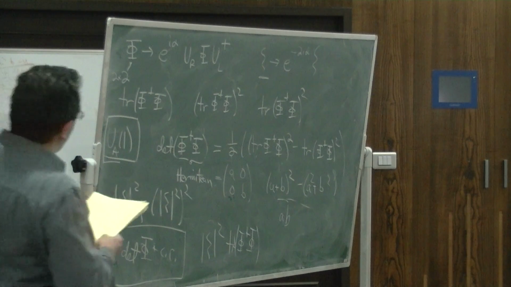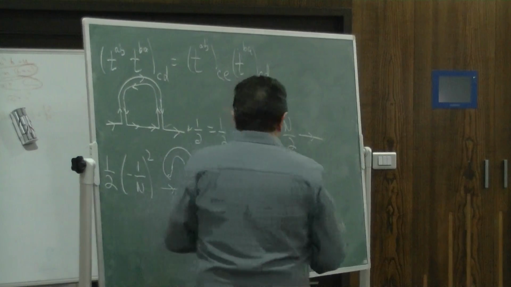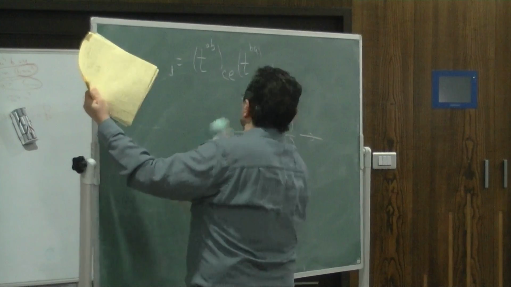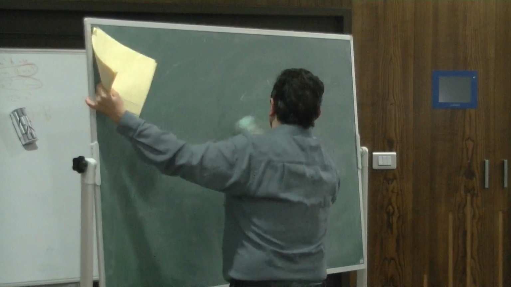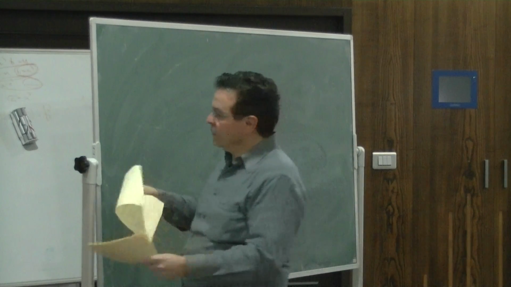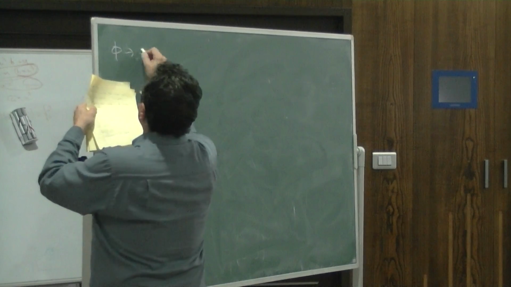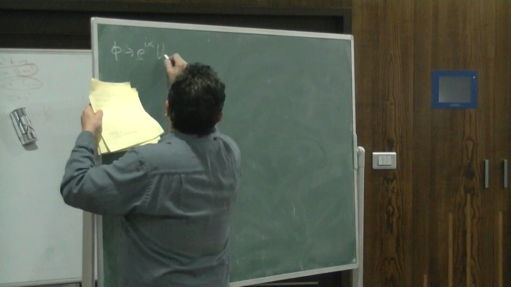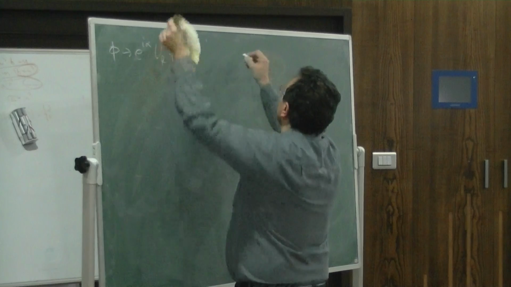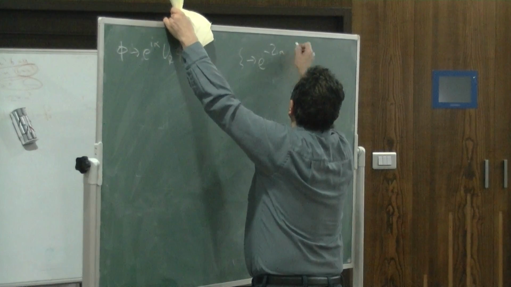Okay, and then let's go on and write down the terms that are invariant, not under axial U1, but only under the Z2 symmetry. And I'll write down how things transform again. So phi goes to e to the I alpha u right, phi u left dagger, and zeta goes to e to the minus 2I alpha times zeta.